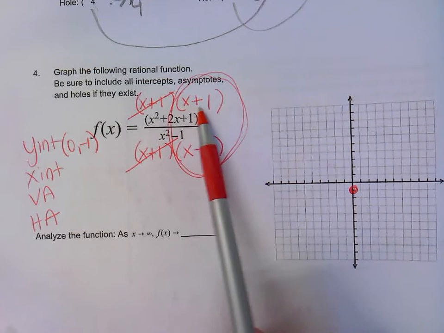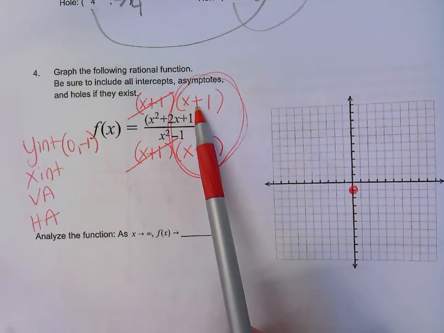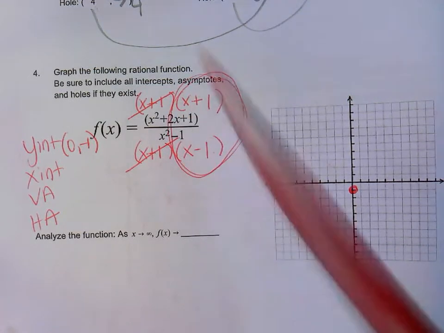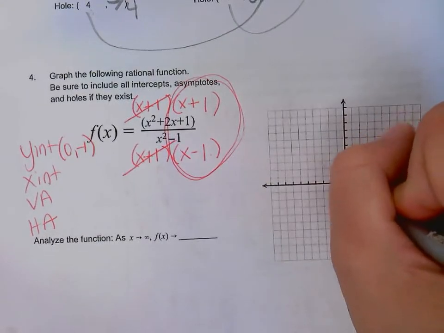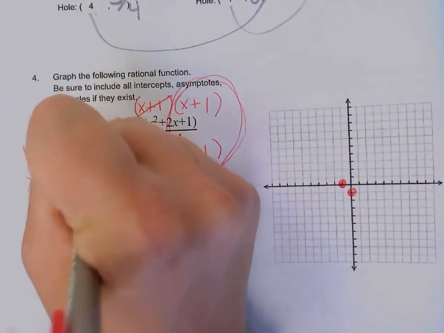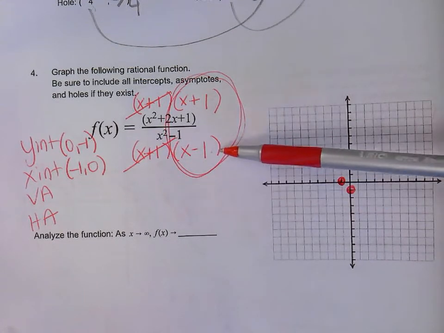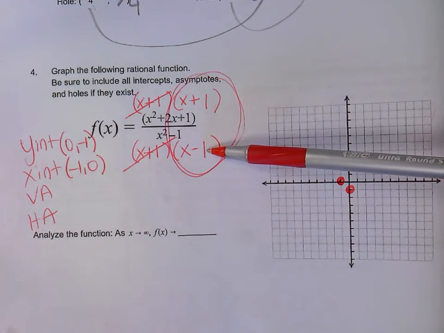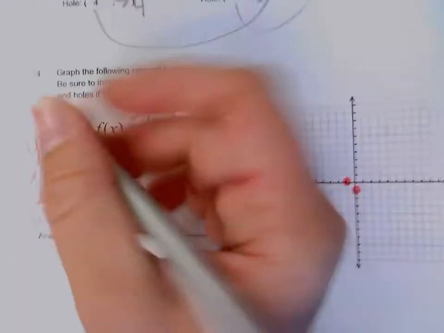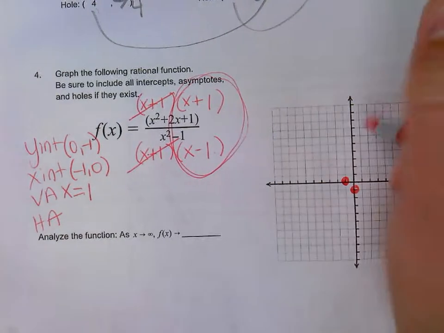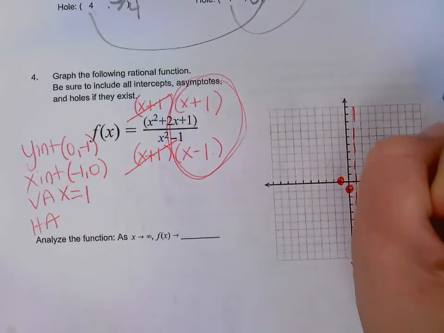Say it in your head or say it out loud. -1, right? Can you do it when I'm doing it with you? Does it make sense? You guys just get lost when you do it by yourself? I look at what makes the denominator 0. +1, right? Makes the denominator 0. So x equals 1 is my vertical asymptote.